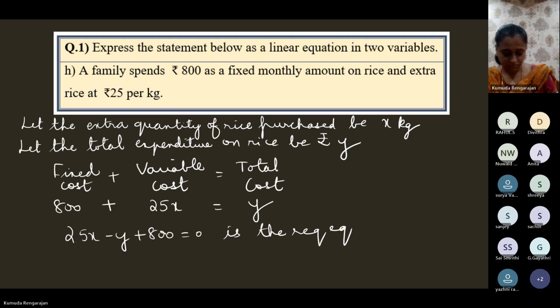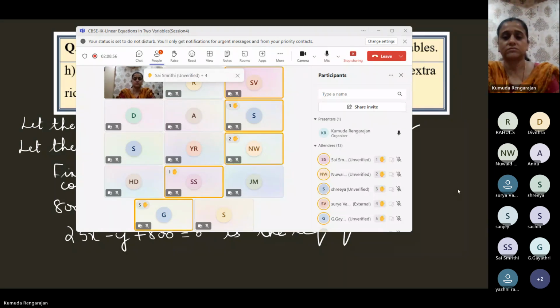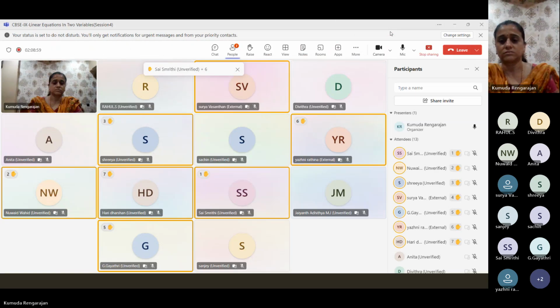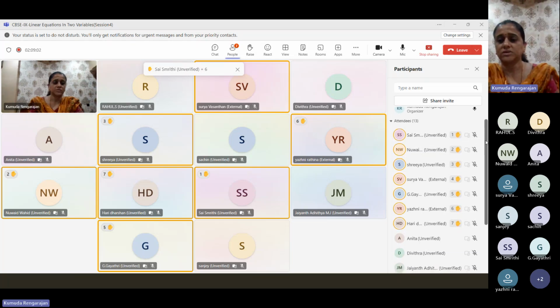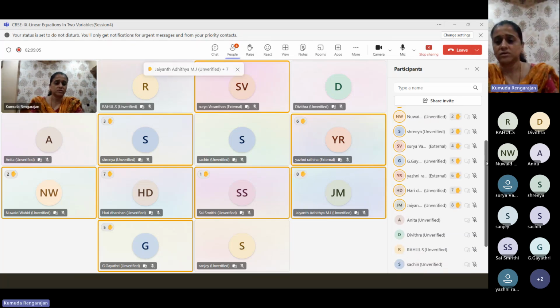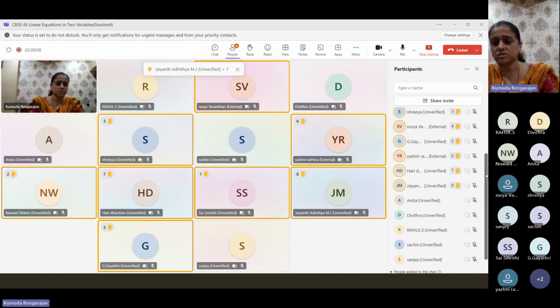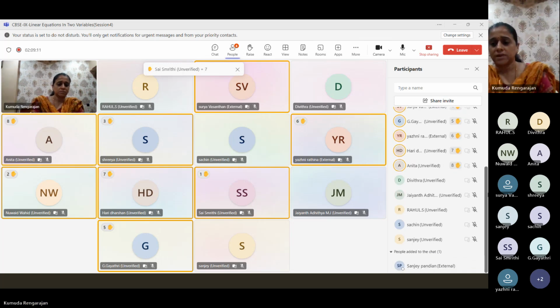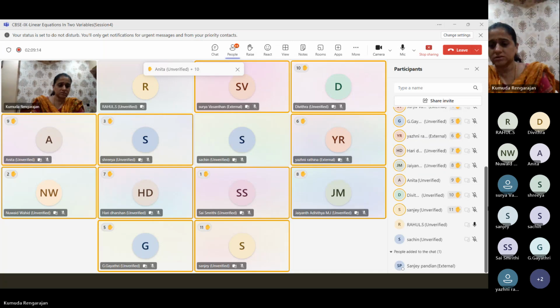Clear, children? Yeah, class, use the emoji, raise your hand. Smriti, Nuved, Wahid, Shreya, Surya, Gayatri, Arni, Haridarshan, Jayant, Anita, Divitra, Sanjay, Rahul.